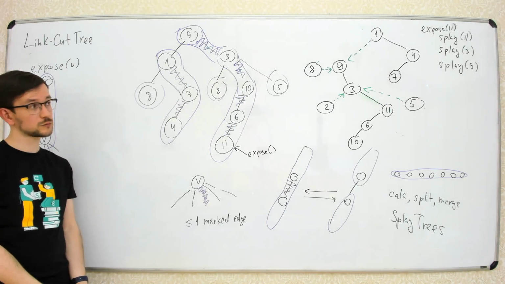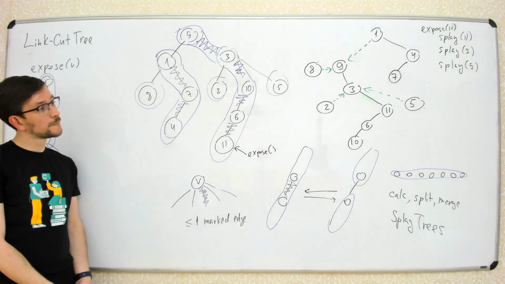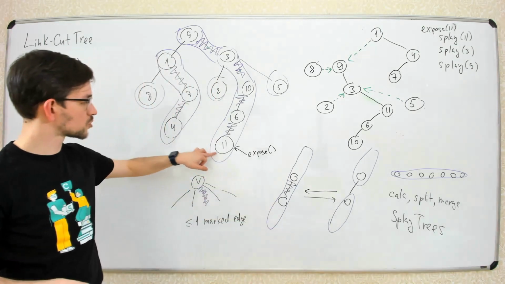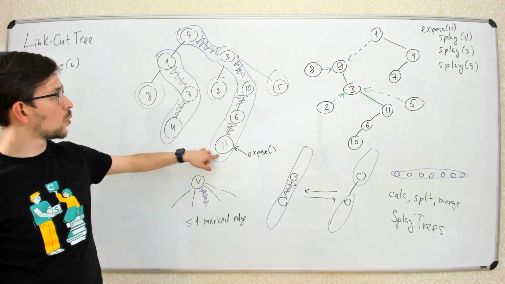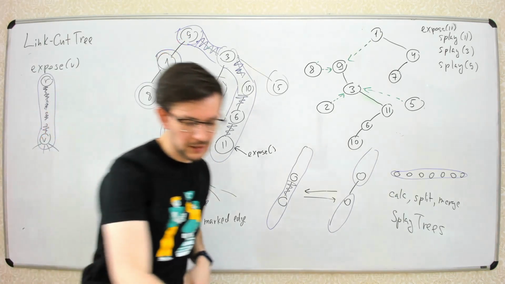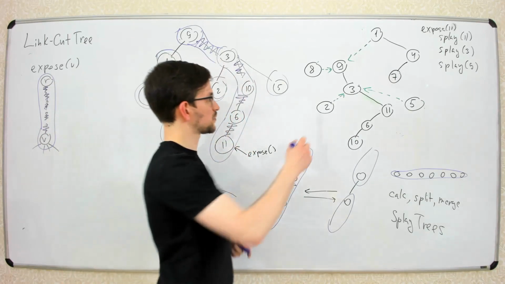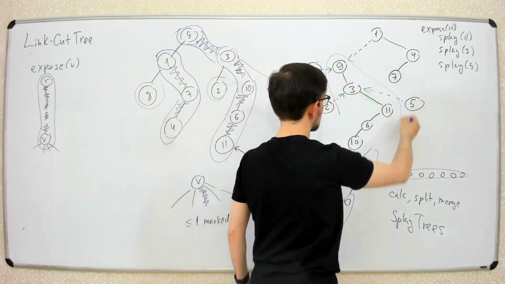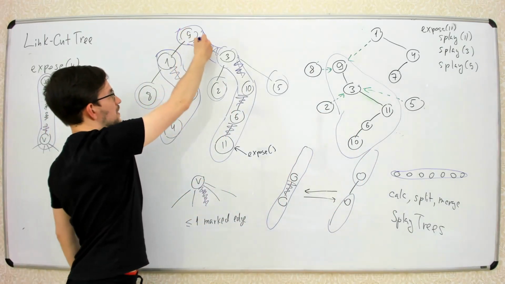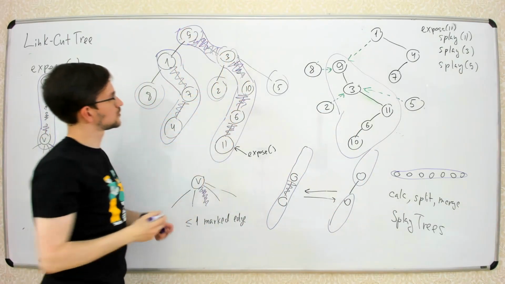That's the whole function. So in the end, after we call the expose of this node 11, this whole path from the root to 11 is contained in this one single splay tree. So this splay tree corresponds to this path from 9 to 11.